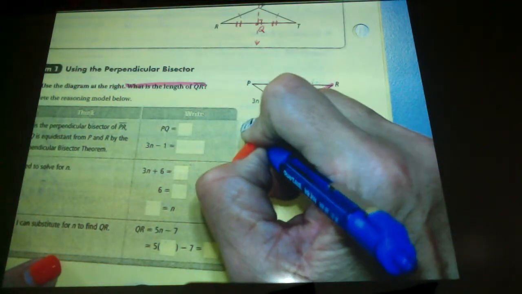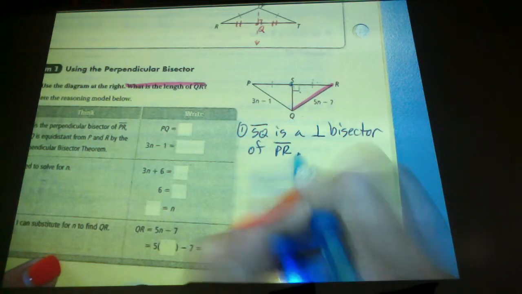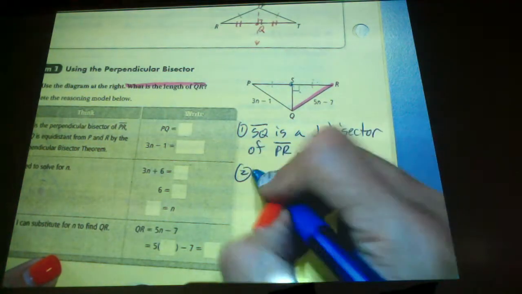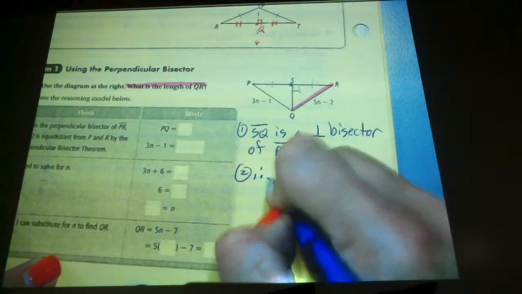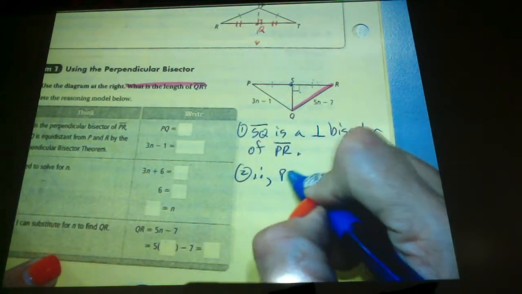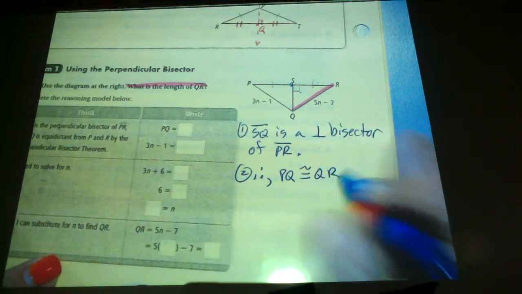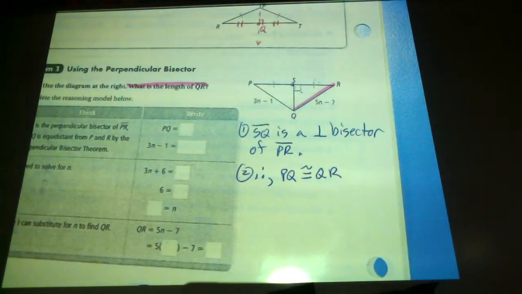So, since I've made that observation, I can then conclude, therefore, PQ is congruent to QR. The distance from P to Q is exactly equal to the distance from Q to R.